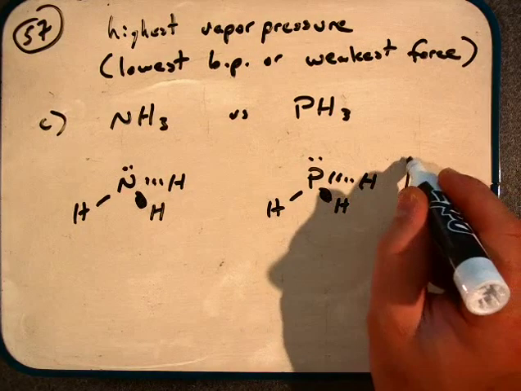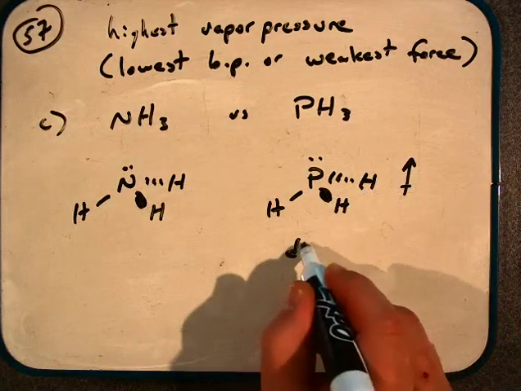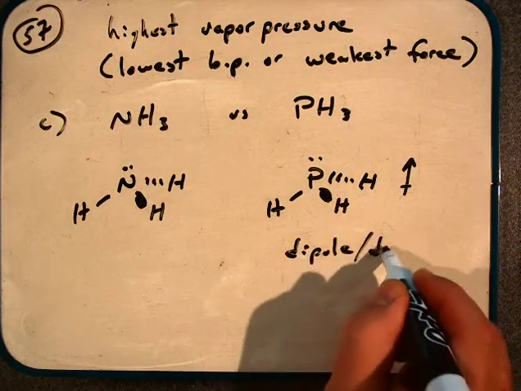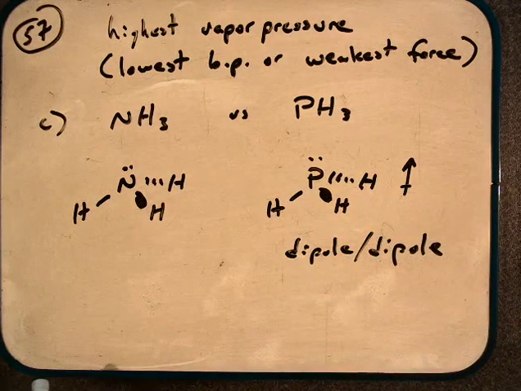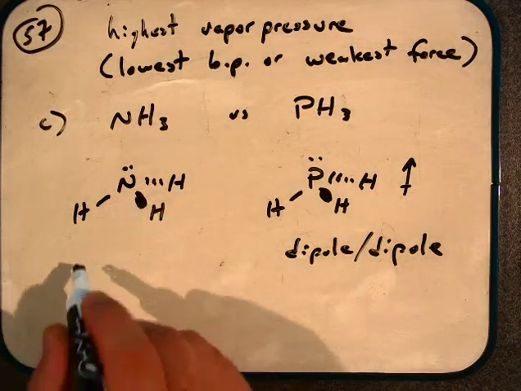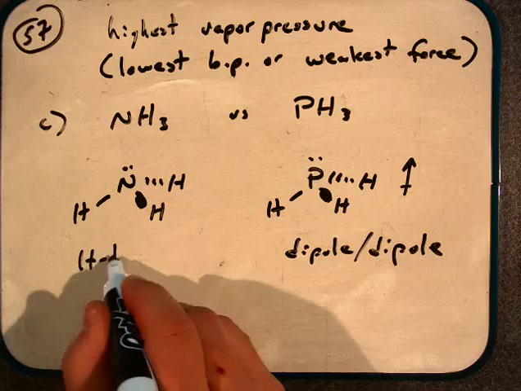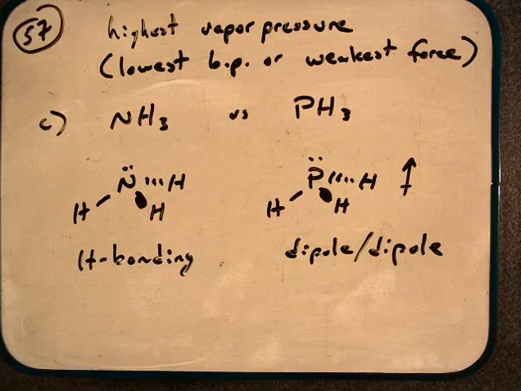Again, we have molecular dipoles in both cases, but in the case of PH3, we just have dipole-dipole forces of attraction, while with NH3 we now have again that prerequisite structure for hydrogen bonding.